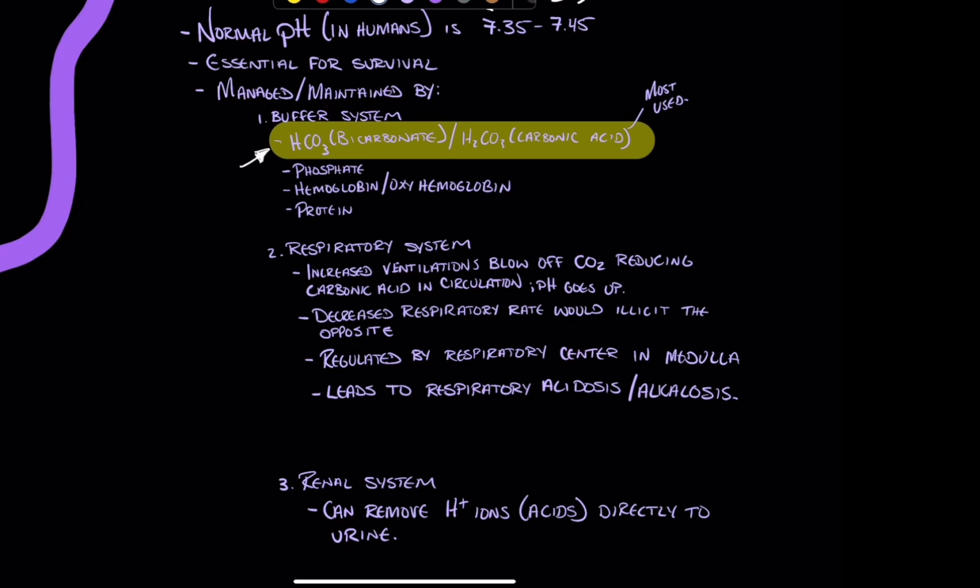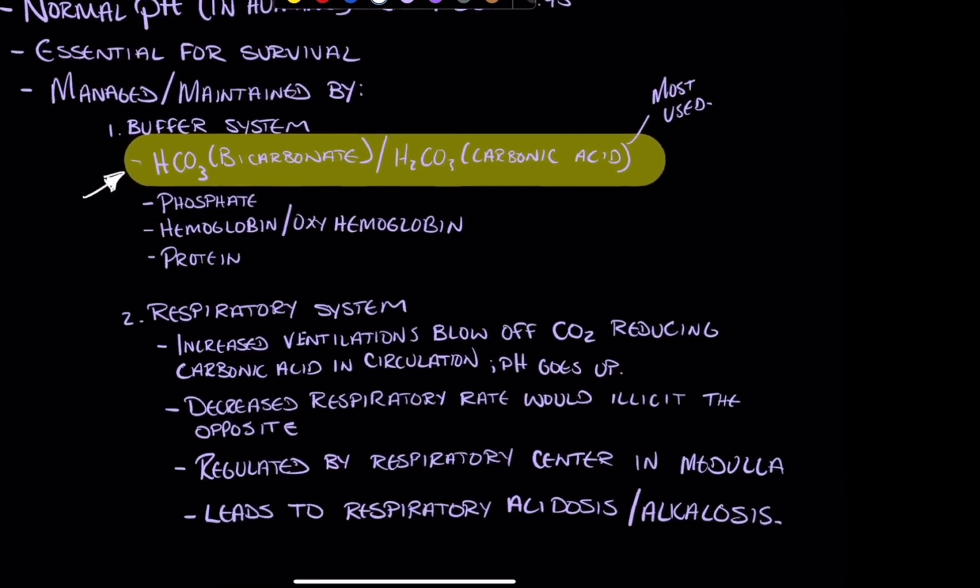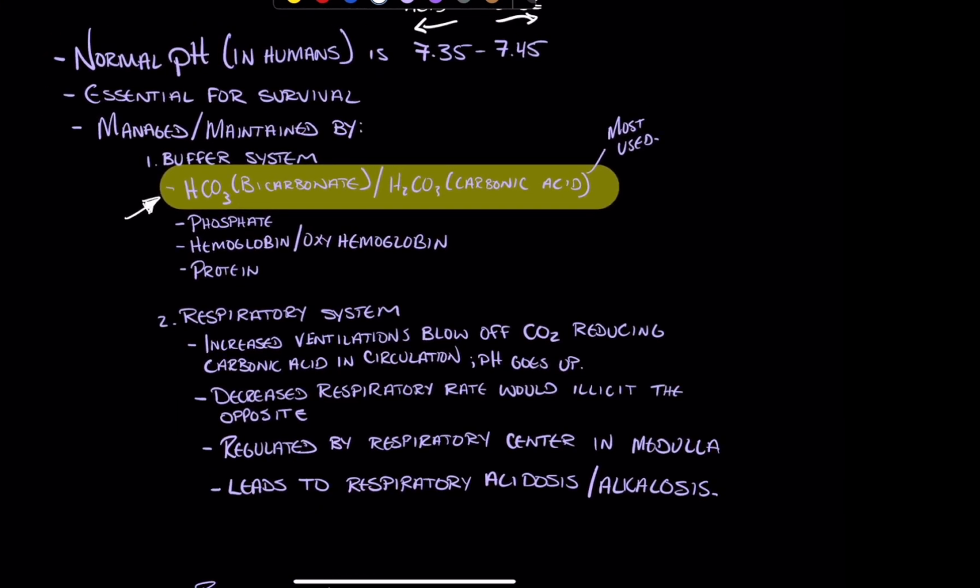Bicarbonate, which is HCO3, actually circulates in our blood. And carbonic acid is what will actually release carbon dioxide when we exhale carbon dioxide from our breathing.